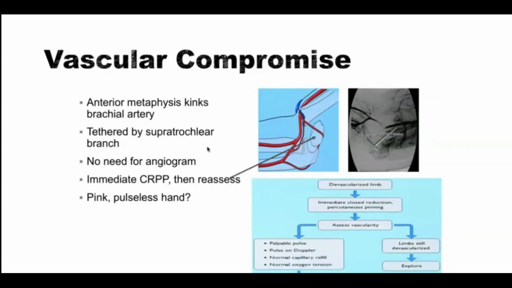So since I've been at MUSC, I can't think of one that we've required a vascular surgeon to come and repair an artery for us, even though we see a lot of supracondylar fractures. So most of these are tethered or kinked or in spasm. And so after doing a CRPP, then you can reassess, make sure that you have a pulse, that you have good perfusion, that you have good cap refill, that you can Doppler a pulse.